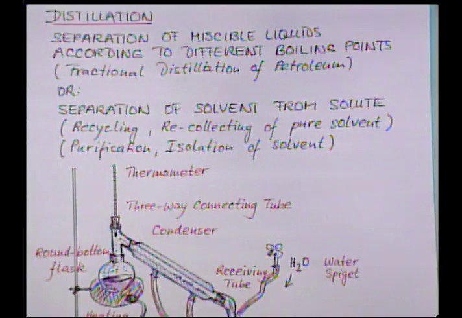Now with evaporation we lost the gas or the vapors, but here we can recover them. So it's a recycling method. Also, you can make certain brews that you can collect on the other side.